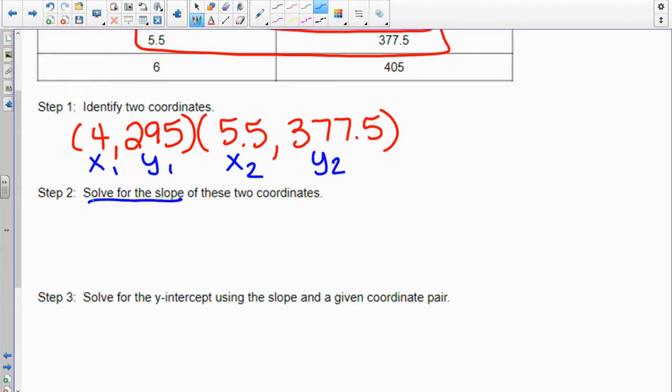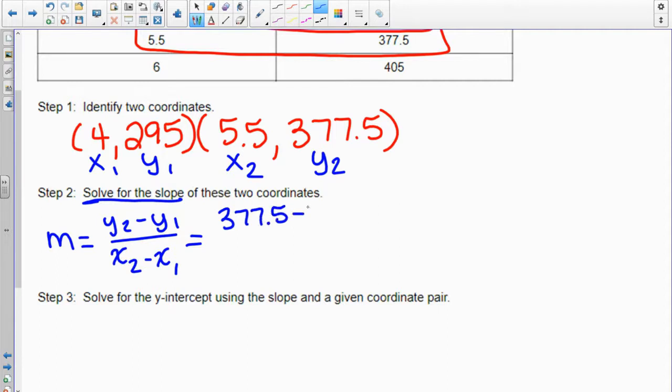So we're going to solve for the slope. The verb there is solve. So y2 minus y1 over x2 minus x1. So y2 is 377.5. Y1 is 295. And we're going to put that over x2, which is 5.5, minus x1, which is 4.